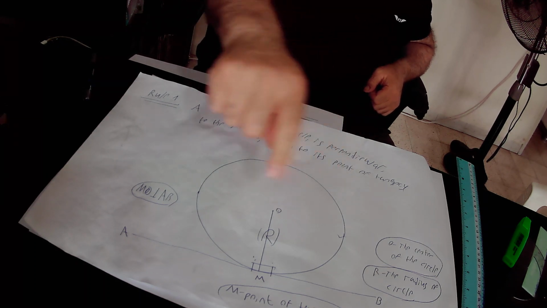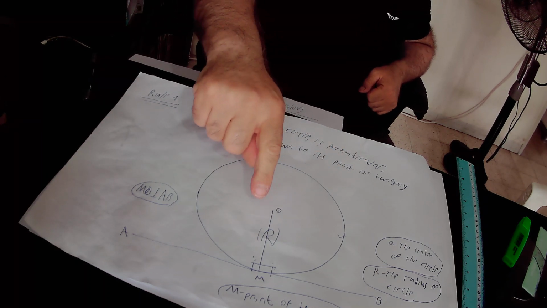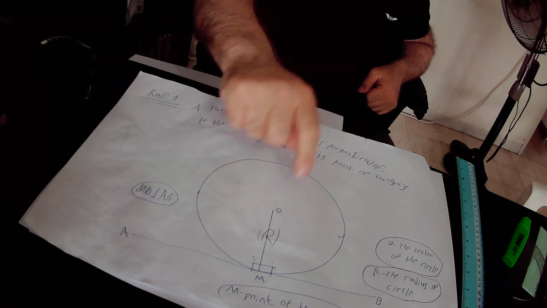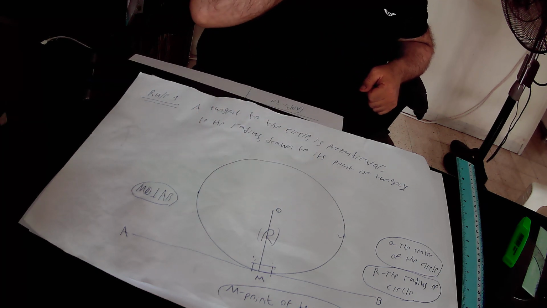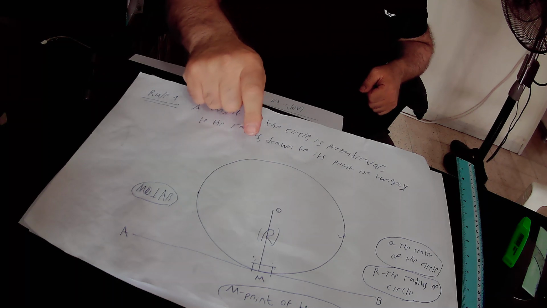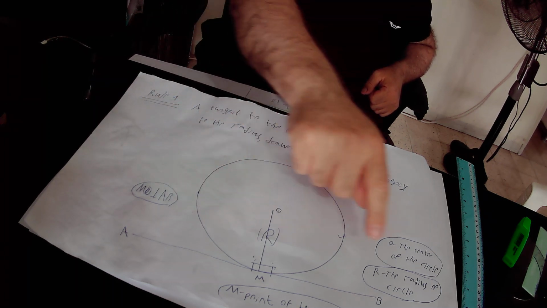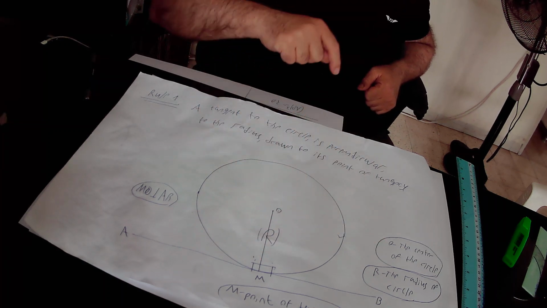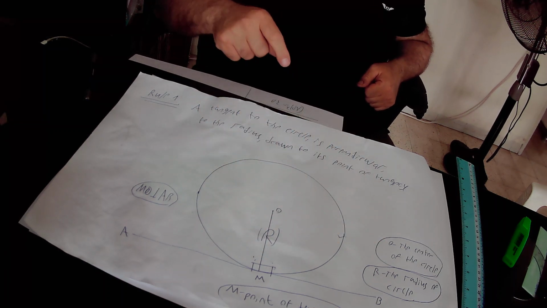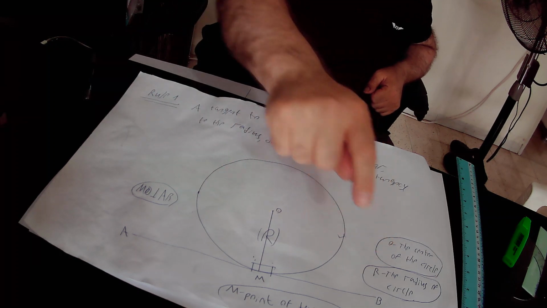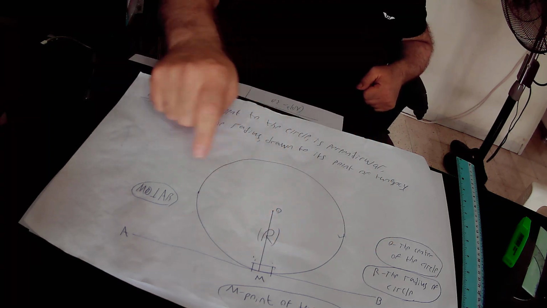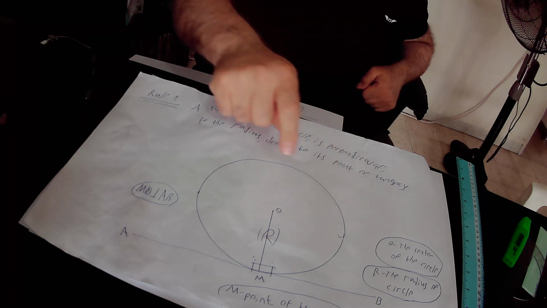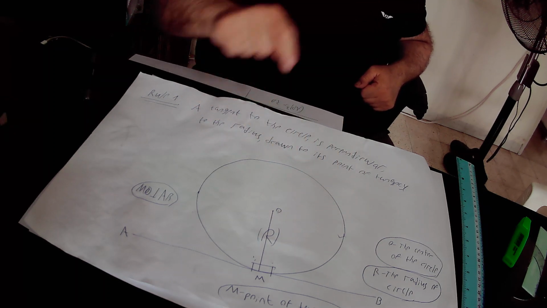So in the drawing we have a circle and we have the radius OM that is equal to R. The radius OM is perpendicular to line segment AB, or line segment AB is perpendicular to the radius MO. And because line segment AB is perpendicular to the radius MO, line segment AB is defined as a tangent to this circle.